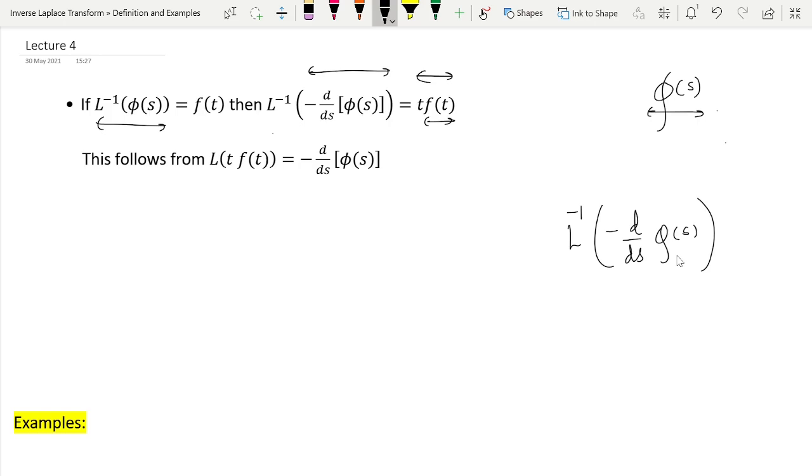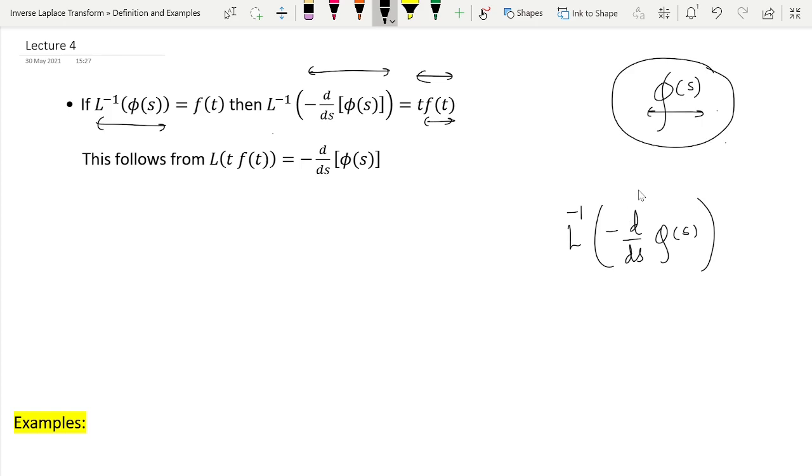Or you can say that if phi of s is some function whose inverse Laplace transform is very difficult or cannot be found, or you have no idea how to find L inverse of that function, but you definitely have the idea of finding the inverse Laplace transform of the derivative of phi of s, then in such cases also you can go for this property.